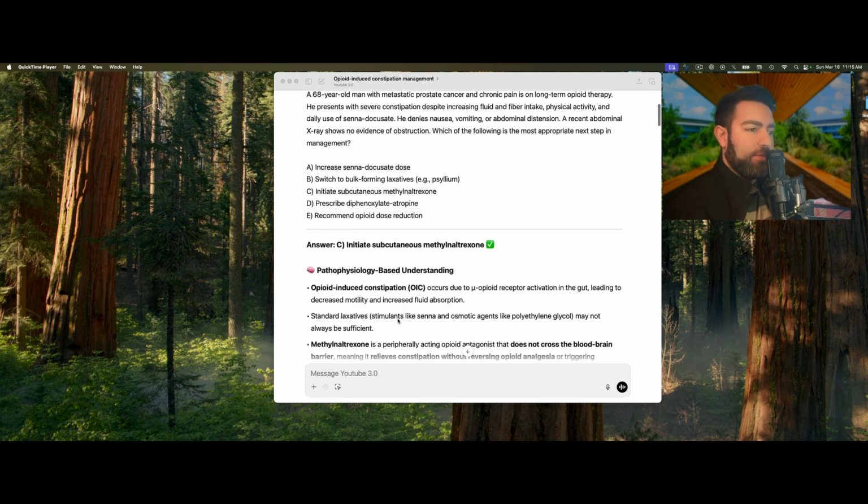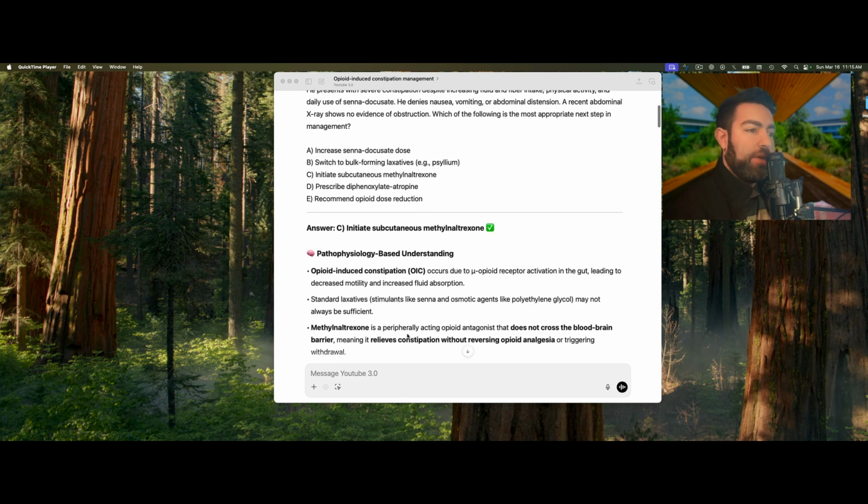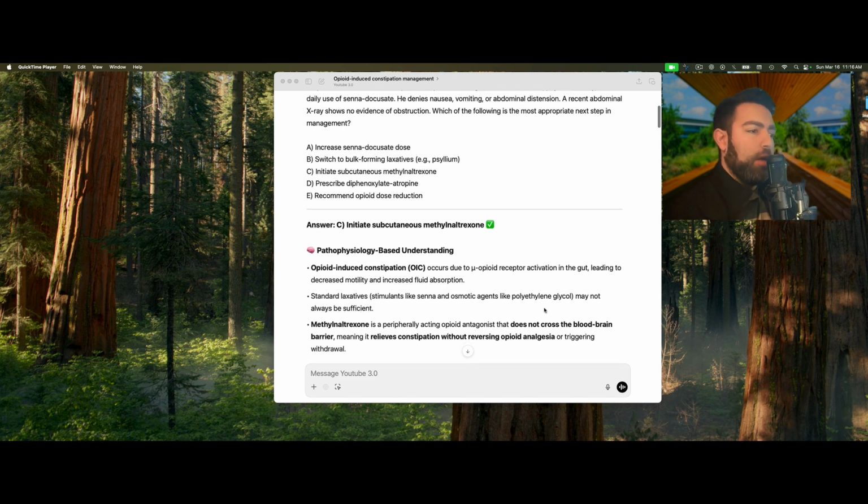The standard laxatives, such as the stimulants like senna and osmotic agents like polyethylene glycol, may not be always sufficient. Methylnaltrexone is a peripherally acting opioid antagonist that does not cross the blood-brain barrier, meaning it will relieve the constipation without reversing the opioid analgesia or triggering withdrawal.